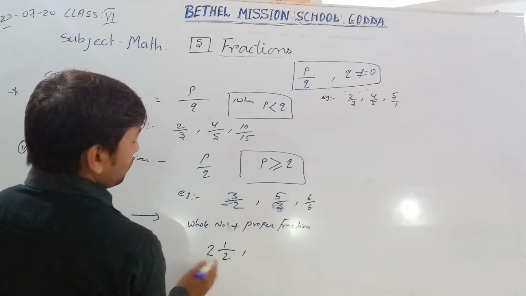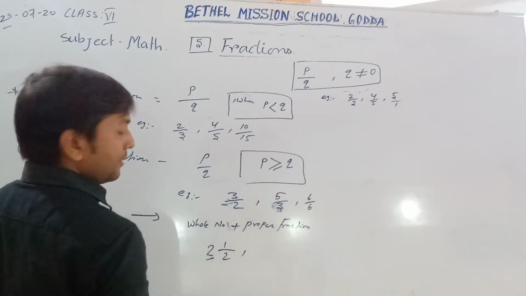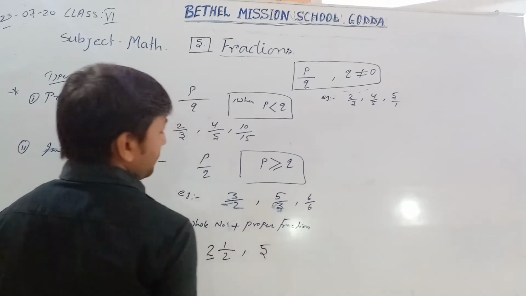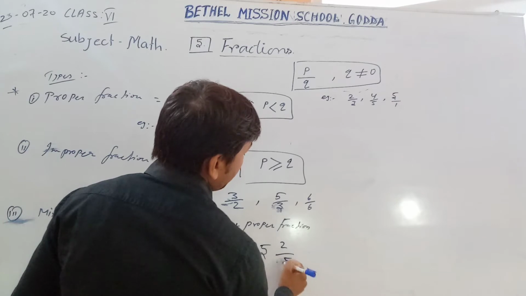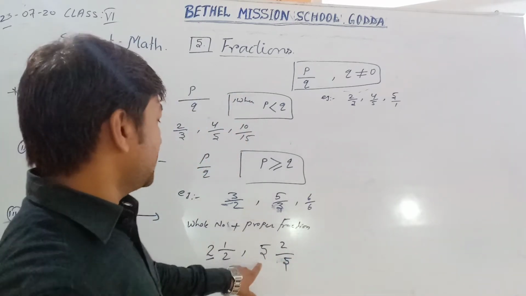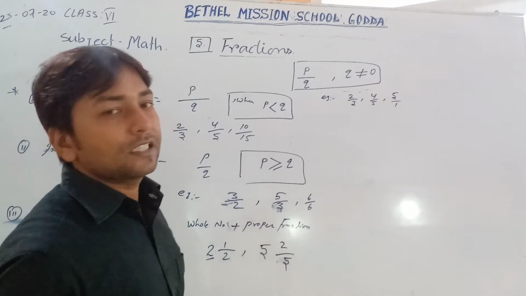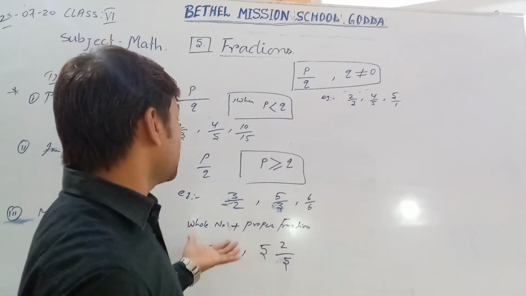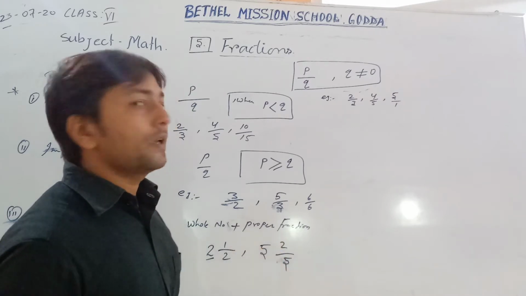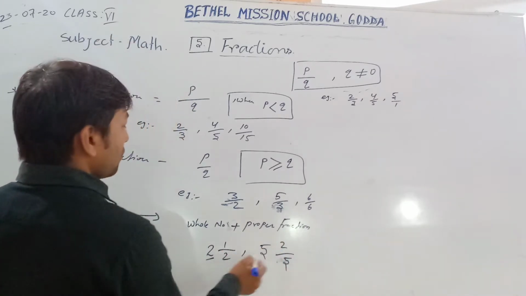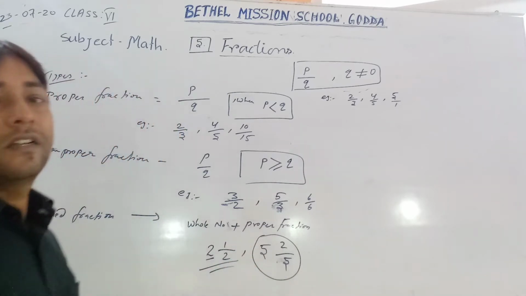This is the whole number and this is the proper fraction. Also we can write 5 and 2 by 3. This is a combination of a whole number with a proper fraction. These are called mixed fractions.